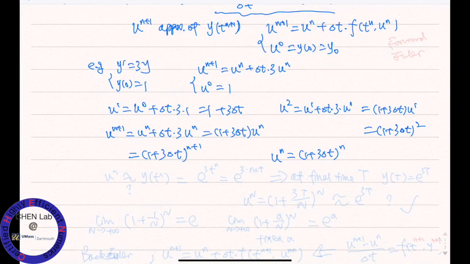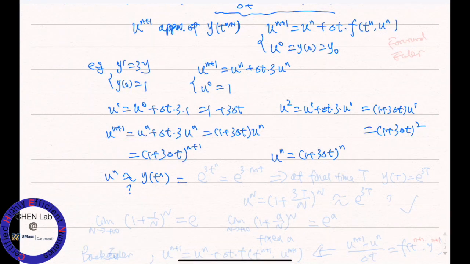Now, if you remember a not so trivial limit from calculus, we clearly see this is a great approximation. Is un approximating y at tn? We know y of tn.